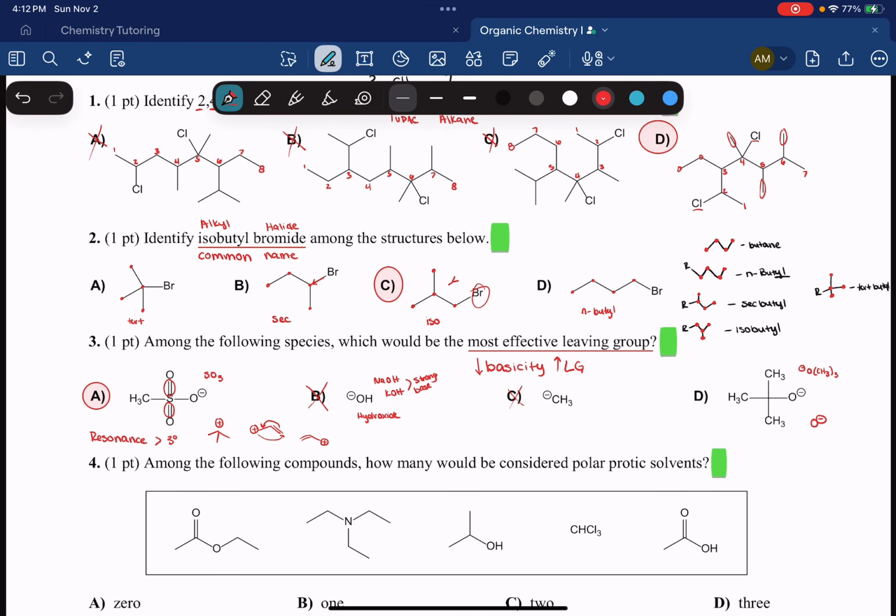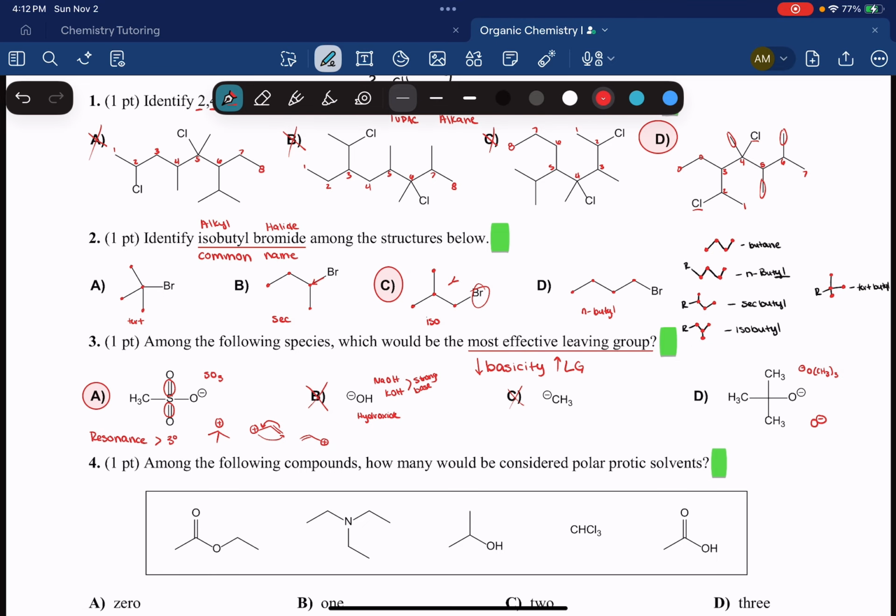And then we talked about acids. The stronger the acid is, the more stable its conjugate base, and the stronger an acid, the weaker it is as a base. If we were looking at these as acids, now these are the conjugate bases of acids, then this one's going to be the most stable, making it the strongest acid, aka the weakest conjugate base.